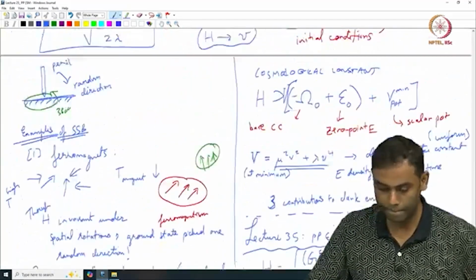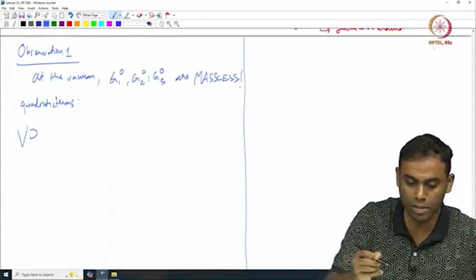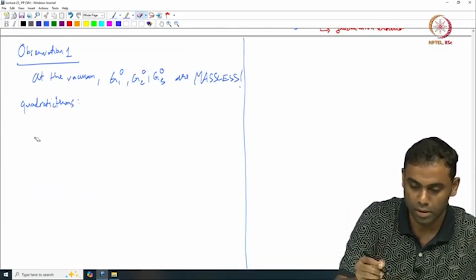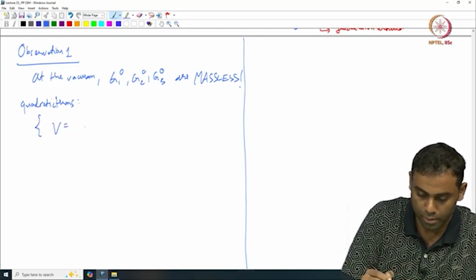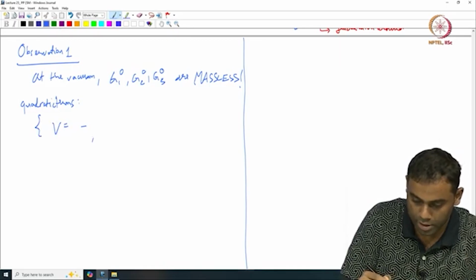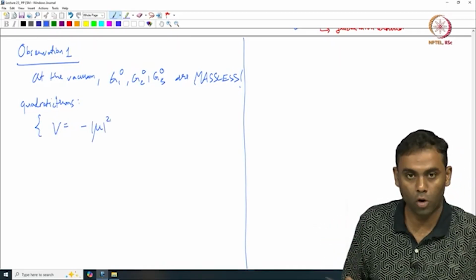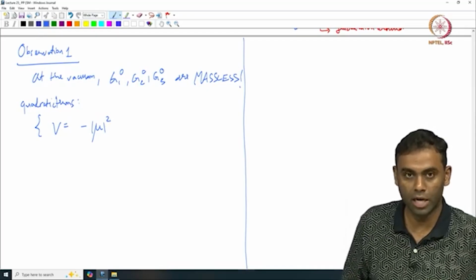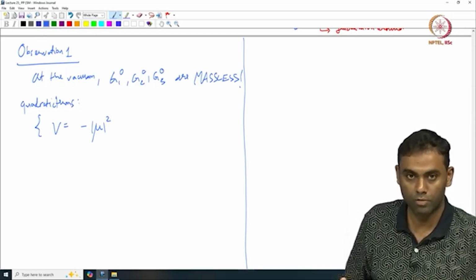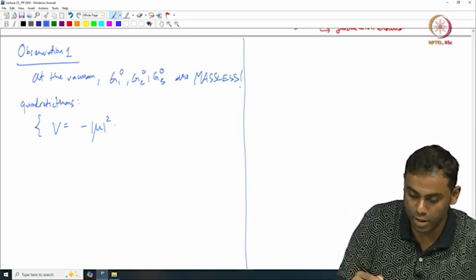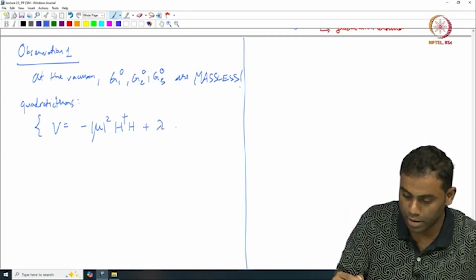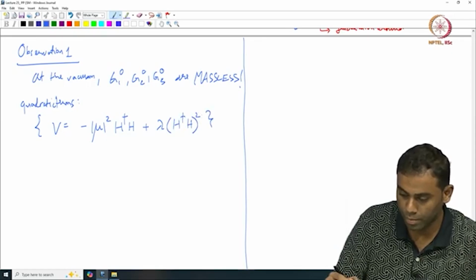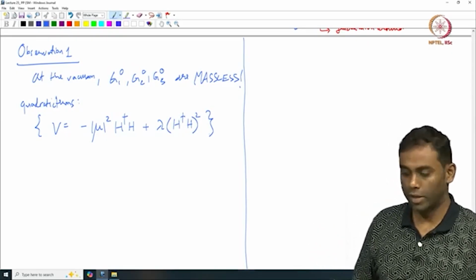Let us go back here, let us look at the potential. So, or let me just write the potential here for being self contained. Okay, so here is the potential, this is, I am going to write this explicitly now as minus mod mu squared. Earlier we just had mu squared, right, but we know now mu square is negative. So, I am going to write it this way, I have minus mod mu squared h dagger h plus lambda h dagger h squared, that is the potential, no? Okay.